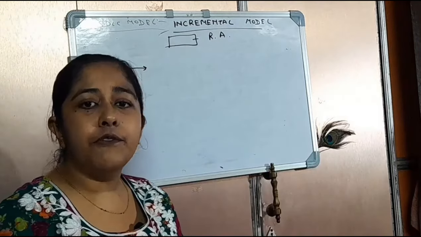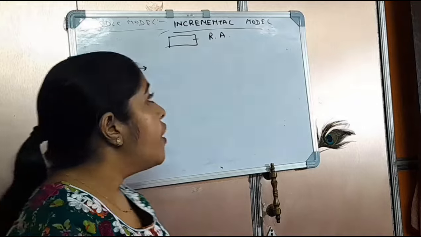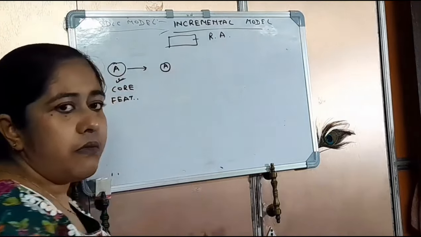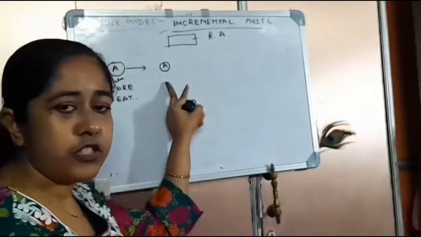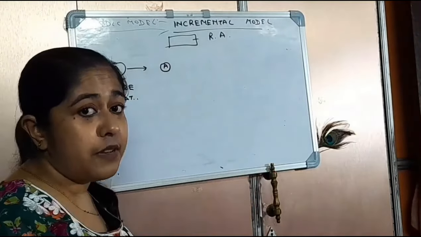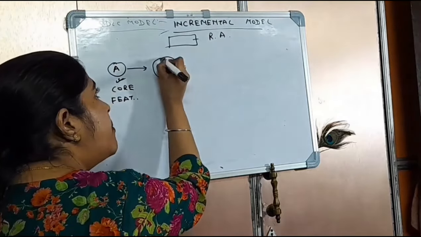He will give some feedback. After getting the feedback, we will implement it. This is our module with core features. We will increment the suggestions given by my customer into that particular module.